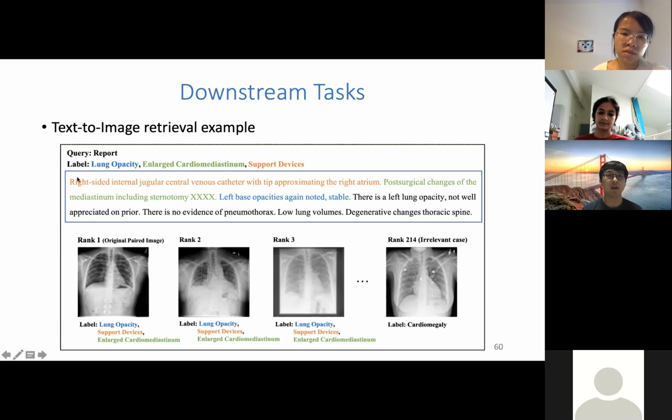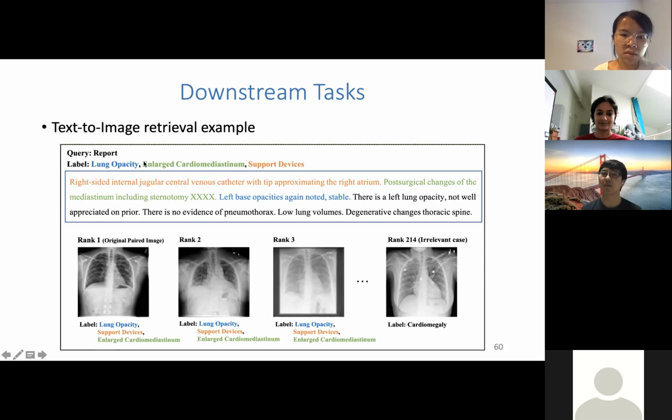The colors represent different diagnoses or findings. The orange sentence is indicative of the label support devices, and the label actually comes from the data set itself. The green sentence is relevant to enlarged cardiomediastinum.